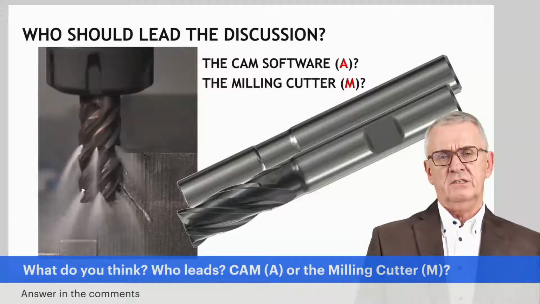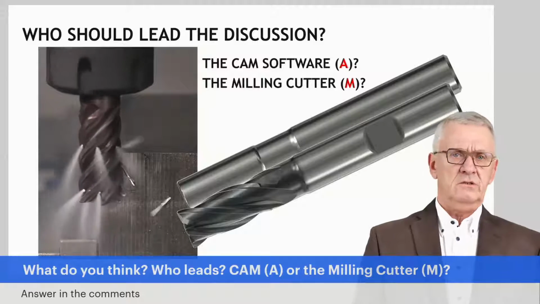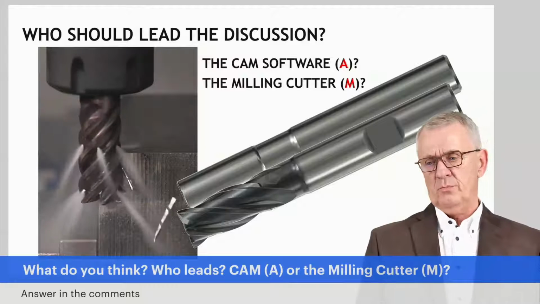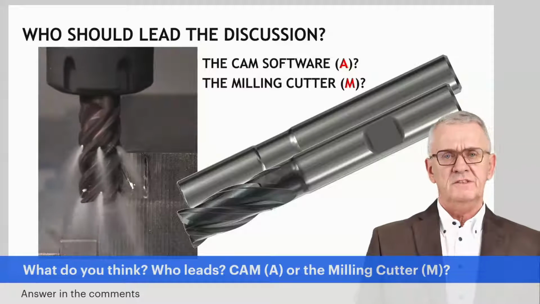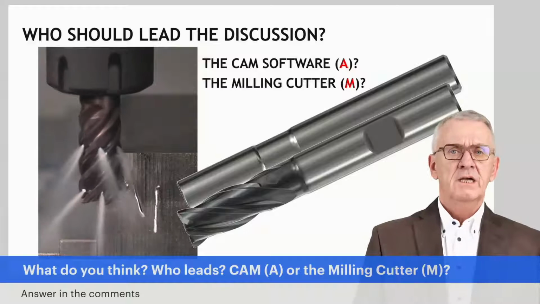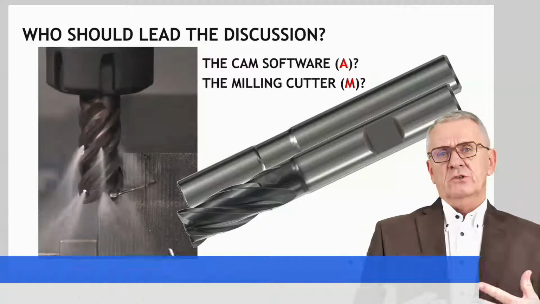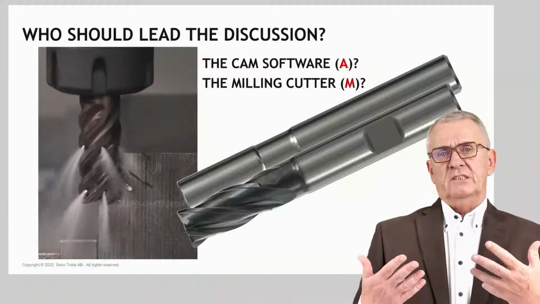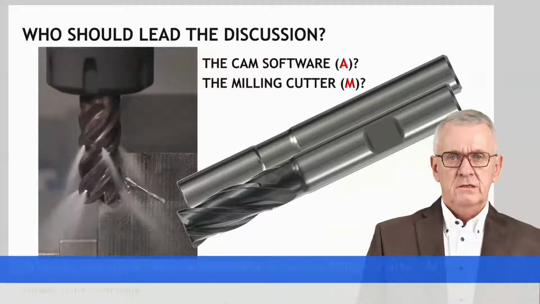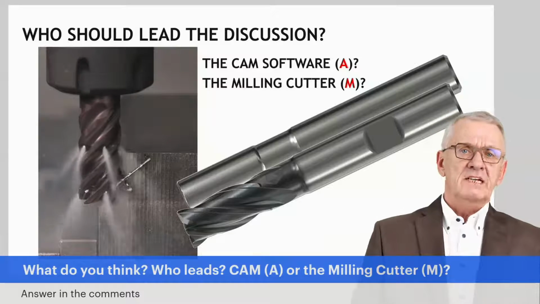Is it okay? I have here a certain tool, certain milling cutter with certain features, with certain properties, a diameter, number of teeth, a geometry, whatever, and I want to use that to the best of its possibilities, and CAM has to follow.